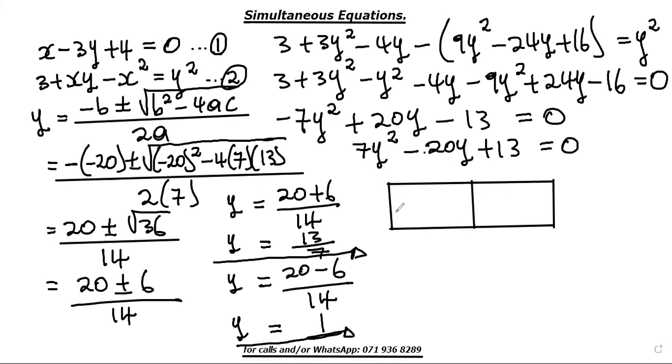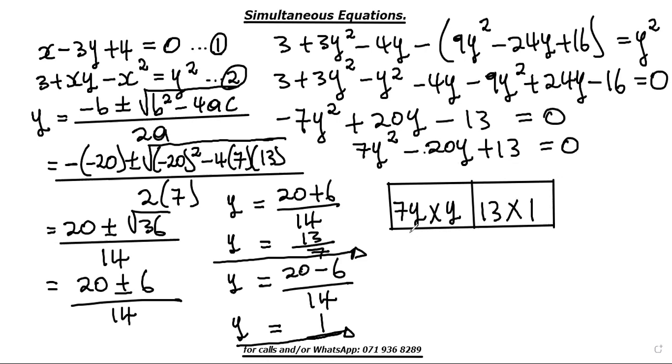Unfortunately, we can only write it as 7y times y. The same holds for 13. We can only write it as 13 times 1. Now we are looking for a combination of multiplications here, such that if we add it, we get 20.